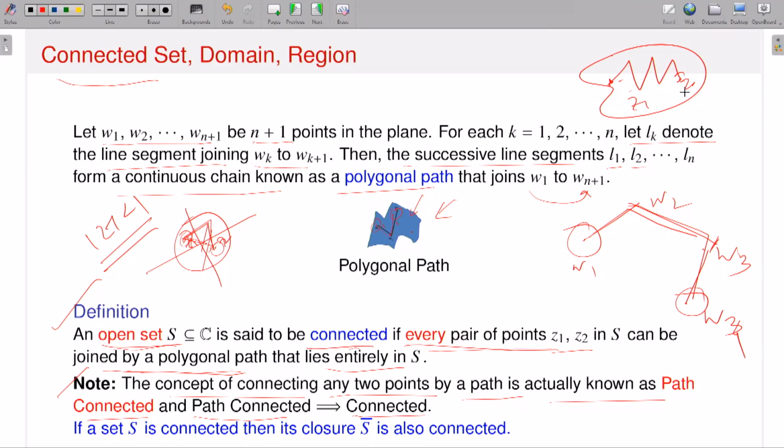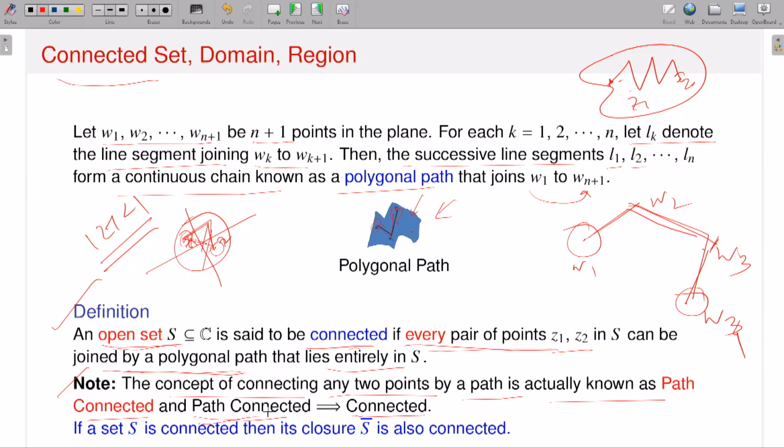If it is true for any pair of points, then I will say that set is connected. Since I am joining two points by a polygonal path and demanding that the path lies fully inside that set, this kind of connectedness is actually called path connected, which is a stronger property than connectedness. So if a set is path connected, it is always connected.